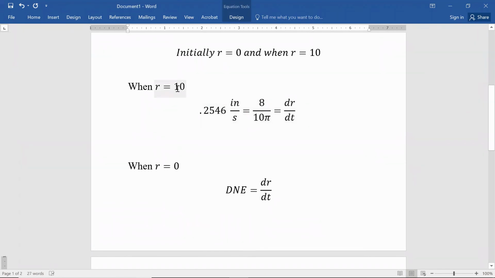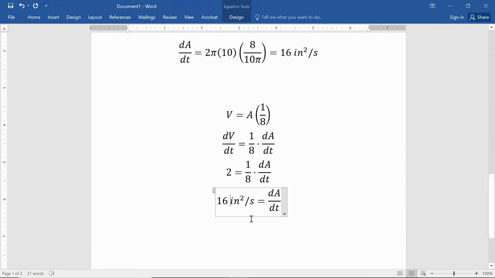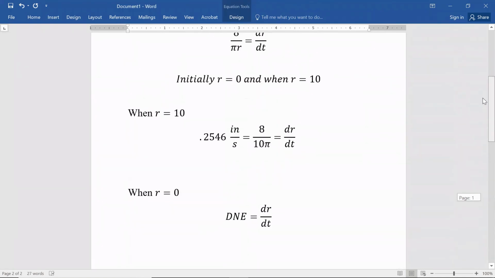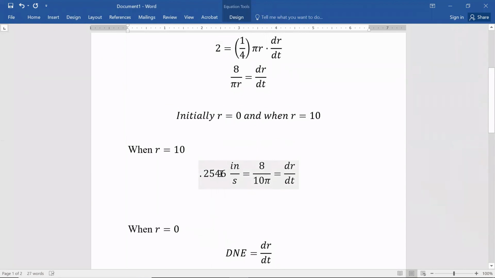When the radius is big, adding 16 square inches per second to the area doesn't increase the radius very much. But when the radius is really, really tiny, adding 16 square inches per second to the area increases the radius by enormous amounts.